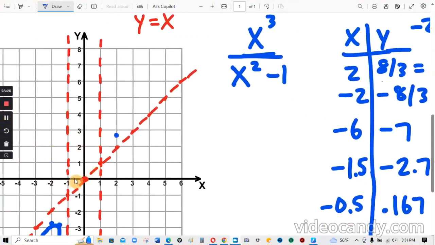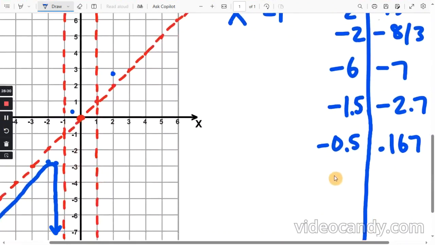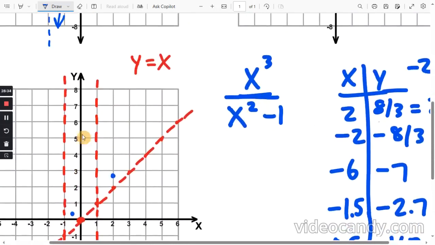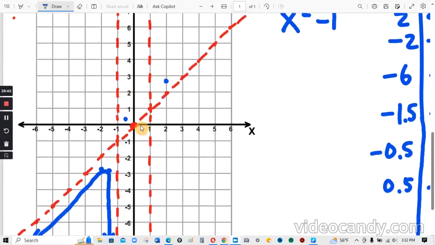At negative 0.5, it's headed up. So we got that right there. And then let's try on the other side, 0.5. Calculator again. That's negative 1.67, close to 0, but it's headed down. So that's at 0.5 or 1/2. So right here, it's headed down.